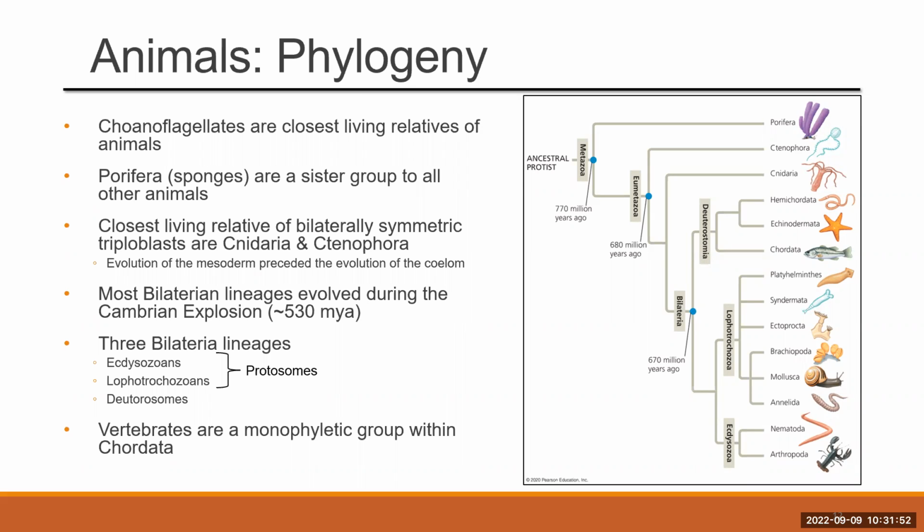And so we have just these three. So notice that on this tree, the lophotrochozoans and ecdysozoans are not at the same level as deuterostomes are. These are not the same rank of term. We would have protostomes right here, but we've since dropped the term because whatever we thought applied doesn't apply anymore.